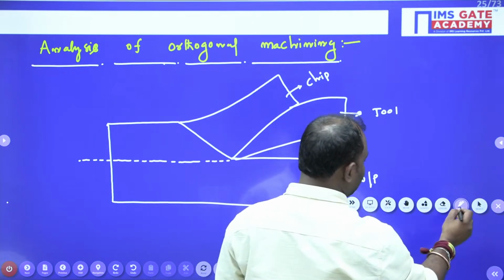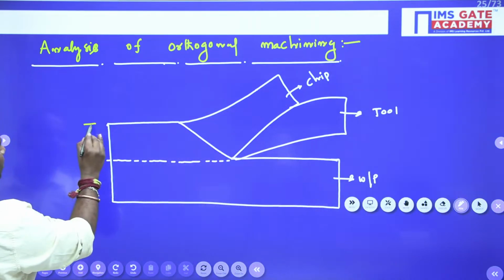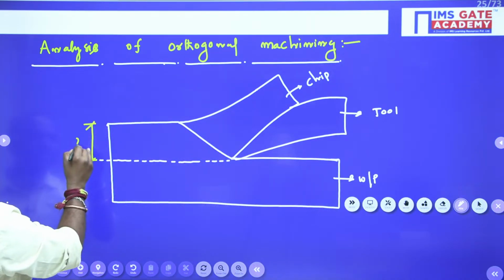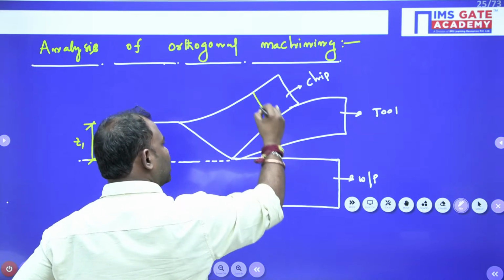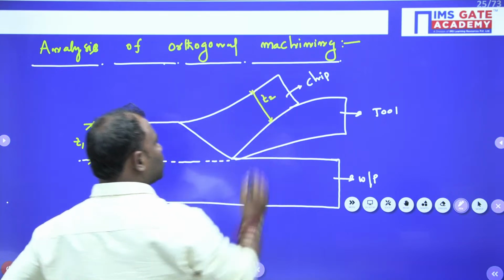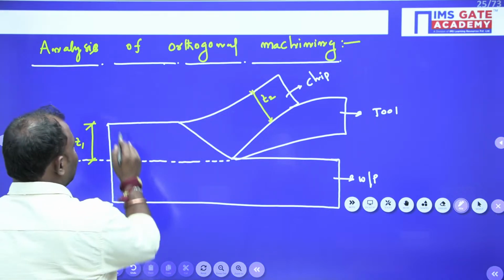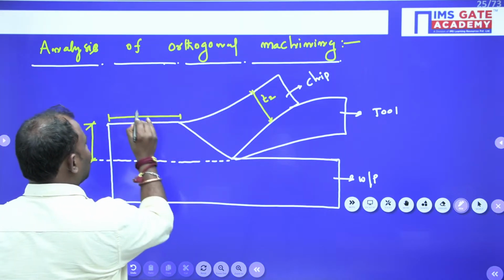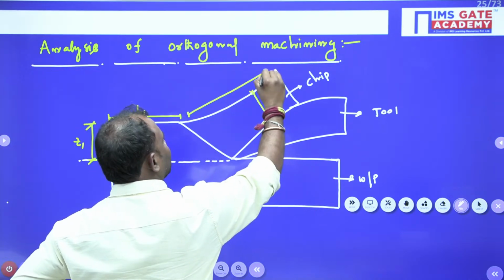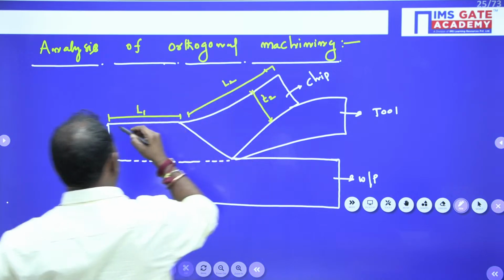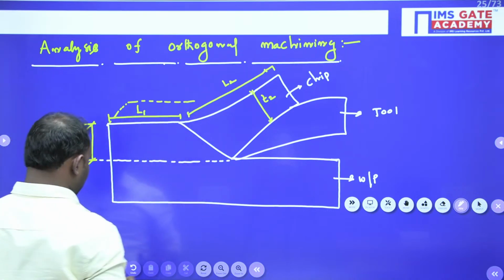Yes guys, okay. Now let me give you some terminologies. Here T1 is the uncut chip thickness, and T2 is the cut chip thickness. Before the cutting operation, what is the chip thickness? After the cutting operation, what is the chip thickness? Here L1 is the uncut chip length, and L2 is the cut chip length. Okay. Now here if you observe, B1 is also there.